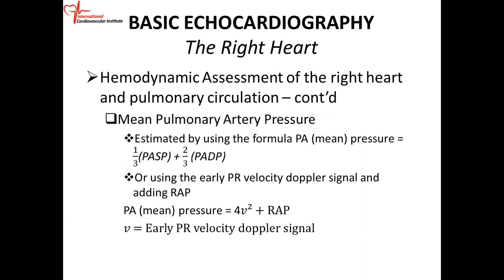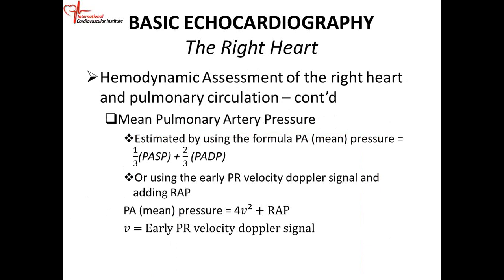Mean pulmonary arterial pressure is a much better assessment for pulmonary hypertension than just your pulmonary arterial systolic pressure. And to get your mean pulmonary pressure, it is 1/3 pulmonary systolic pressure plus 2/3 the pulmonary artery diastolic pressure.